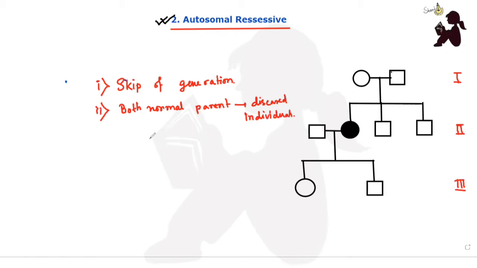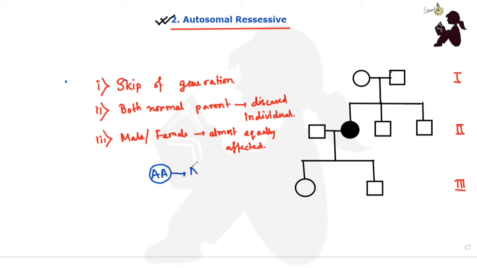Also in this case, males and females are almost equally affected without any preference. In the case of a recessive trait, capital A homozygous will be normal, unaffected.